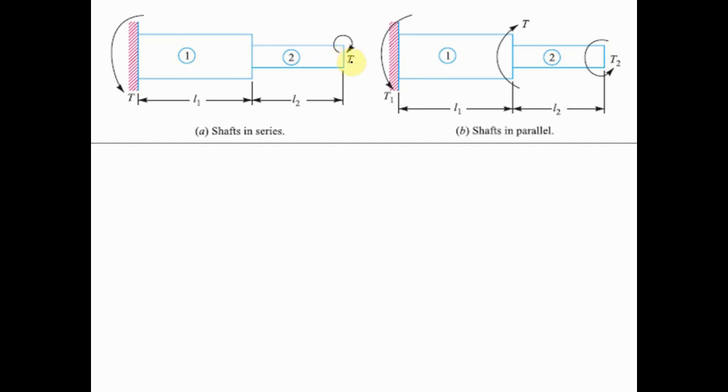Correspondingly a resisting torque will be generated having the same magnitude but in opposite direction. So in shafts in series we have a driving torque applied at one end, that is capital T. The same capital T torque, known as the resisting torque, will be generated at the opposite end.